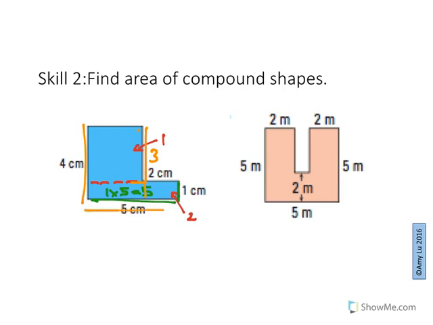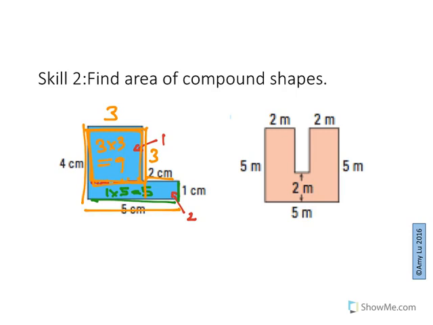If I know from here to here is 5 and this part is 2, that means the leftovers from here to here is 3. So this square right here is 3 times 3, which makes 9.